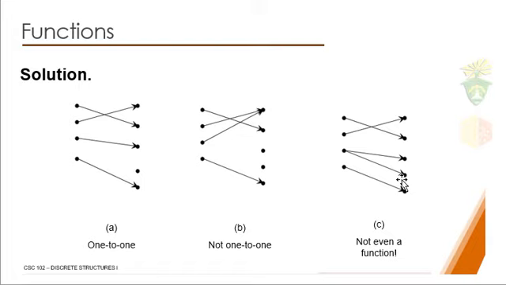But sa concept sa function, dili siya pwede. Kaya dapat, each element sa atong domain, isa ra gyud ang iyang i-map sa atong codomain. So, okay, that's example number 2 for one-to-one.